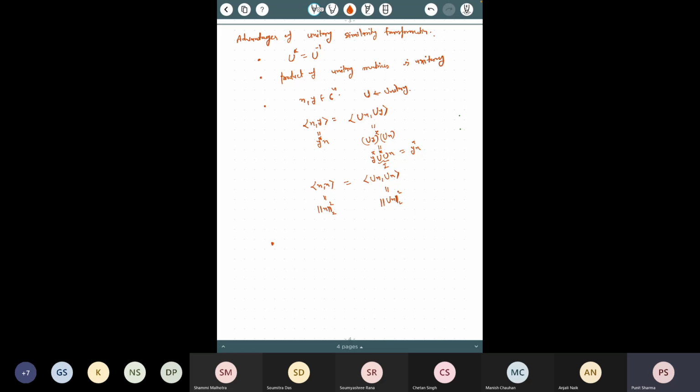Now, if a matrix is involved, how sensitive is that problem with respect to perturbation? That means if you slightly change the entries of the matrix A, how does the output change? This is measured by the condition number.